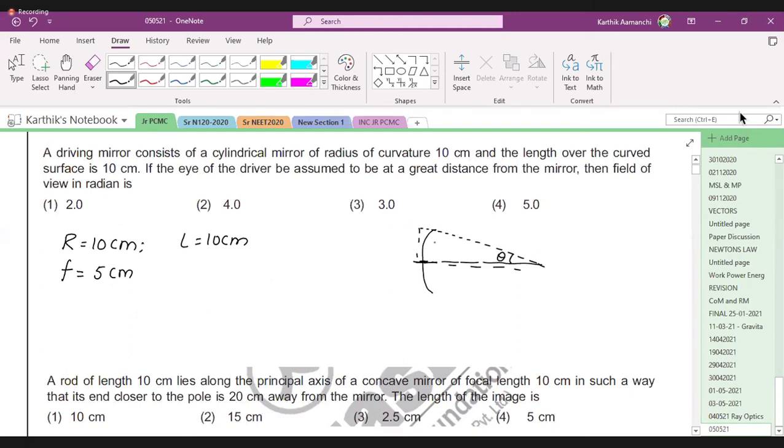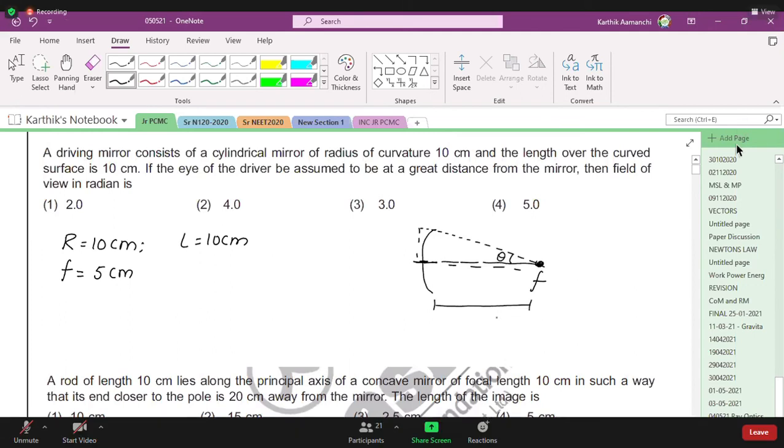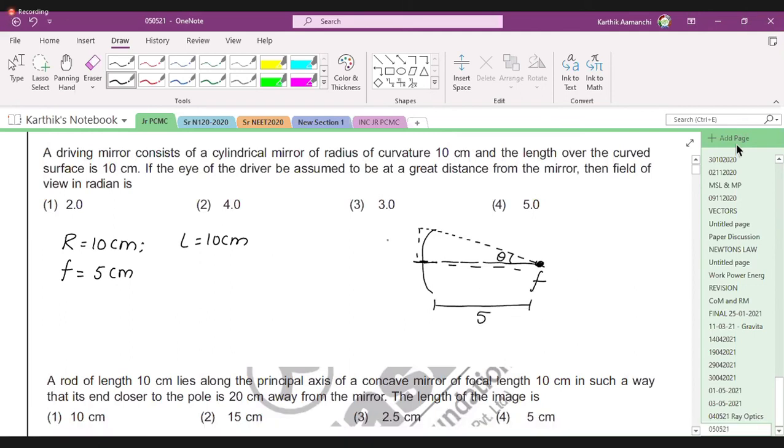Now see, if the eye of the driver is at a great distance from the mirror, that's also like the parallel rays, which are small, coming to focus. So this is how much?